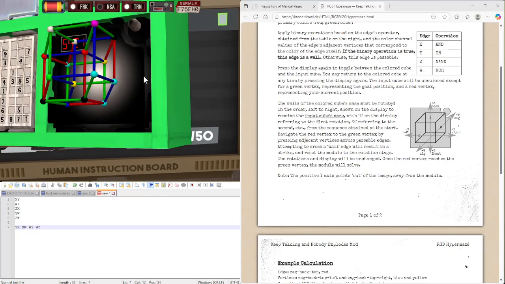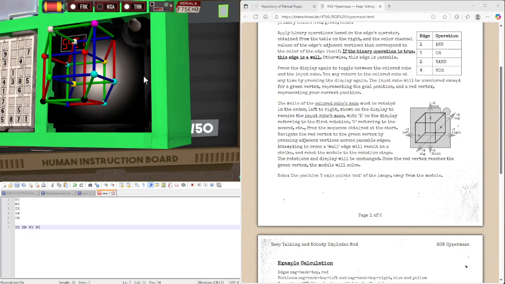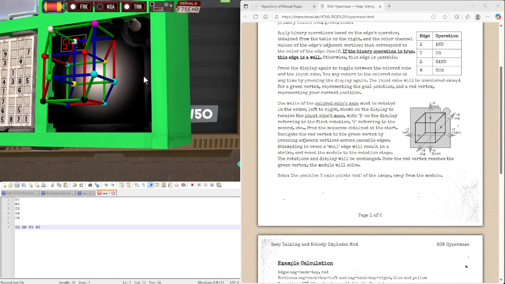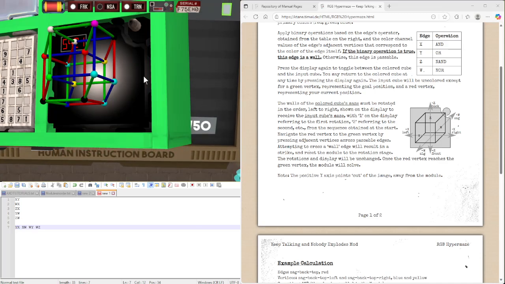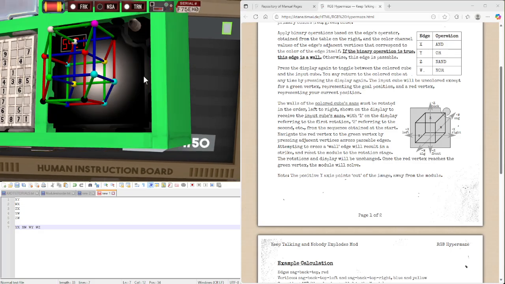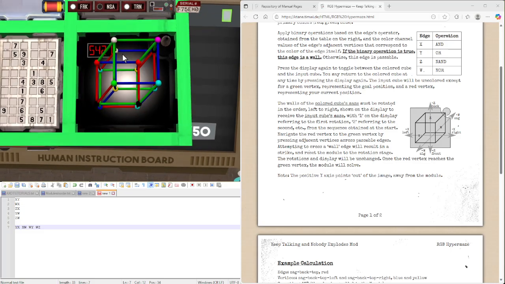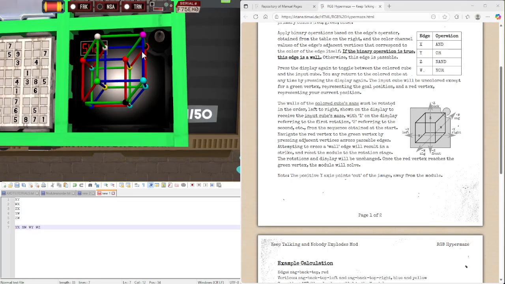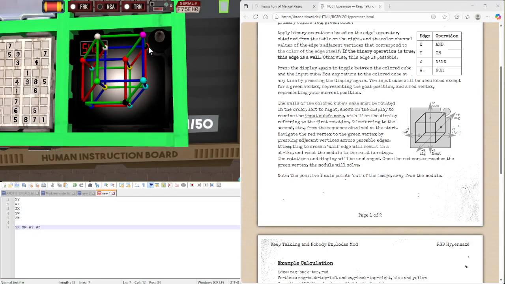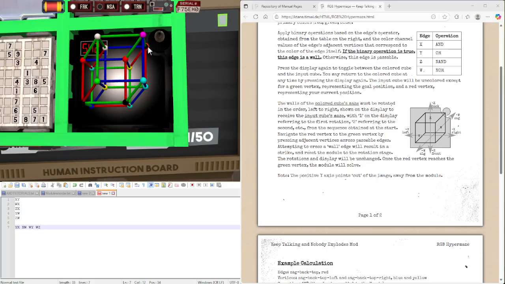YX doesn't affect it. XW is positive X going to positive W. Y doesn't affect it, WZ doesn't affect it.